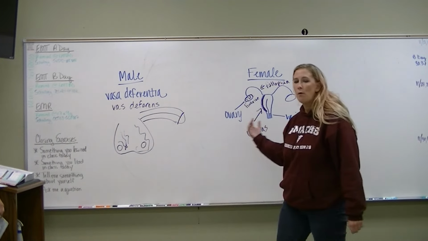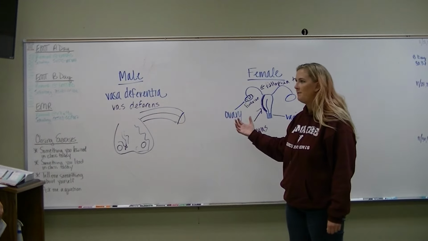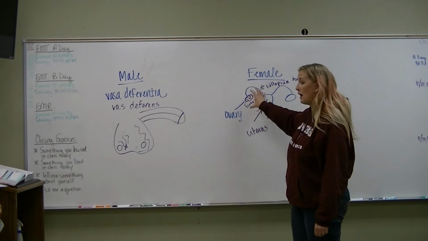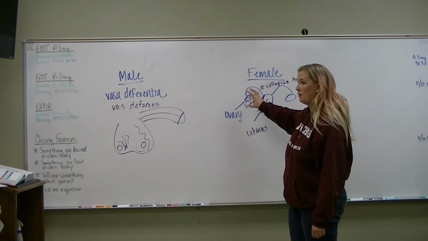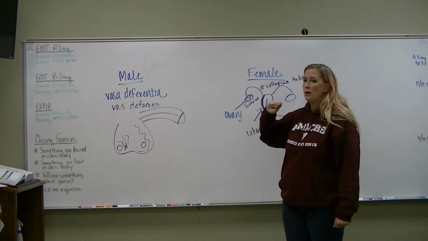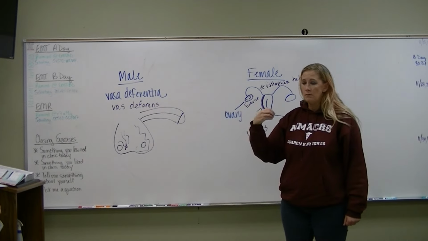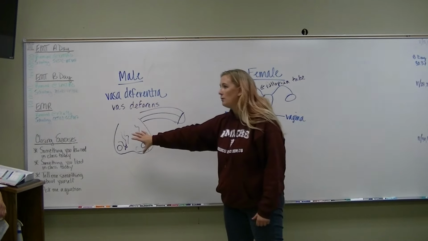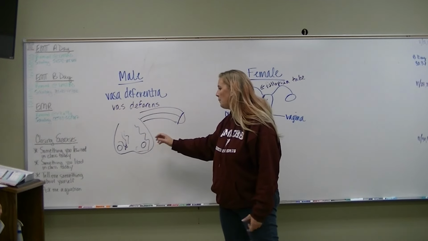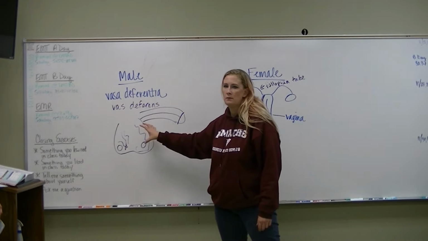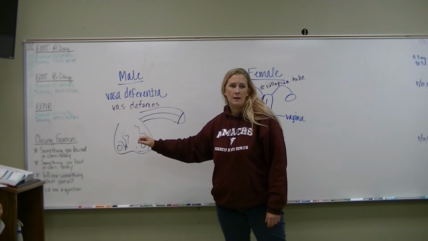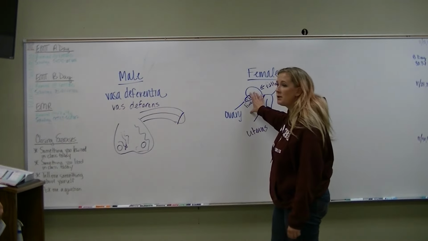So they perform essentially the same function, right? Our ovaries, or our female gonads, provide the egg that is then fertilized by the sperm, which is the part of the cell that's provided by the male gonads. Okay? These release estrogen.